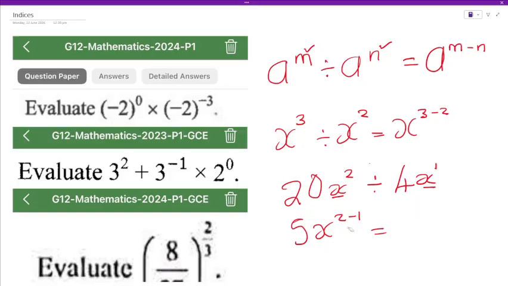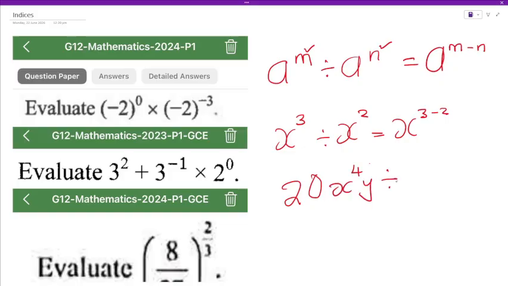Okay, how about when you have different variables? Something like 20x to the power 4 y divided by, not really 20, but let's put a different number. Let's put 5x to the power 2, just like that. What is going to be your answer there? So we just say 20 divided by 5, it is a 4.